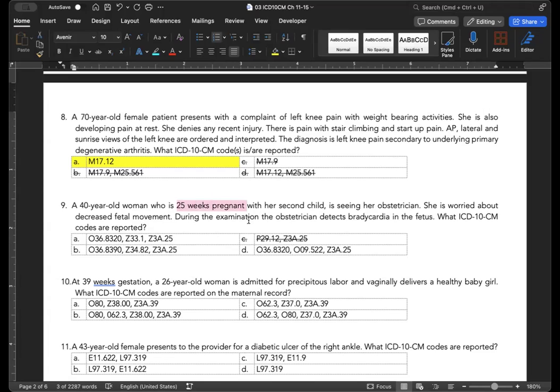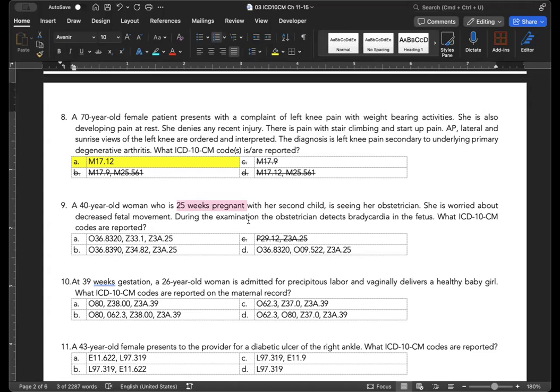Now, if your brain does not remember what weeks are what trimesters, go to the very beginning of your chapter 15 codes, at the very top of the page before the code set even starts.